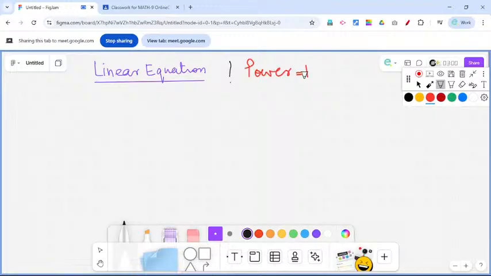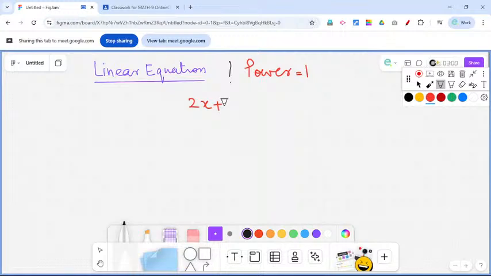Okay. For example, I say 2x plus 3 is equal to 0. The variable x has power 1, so it becomes a linear equation.